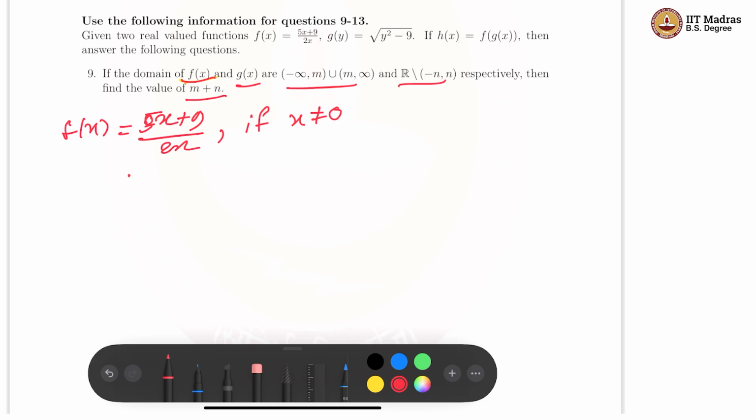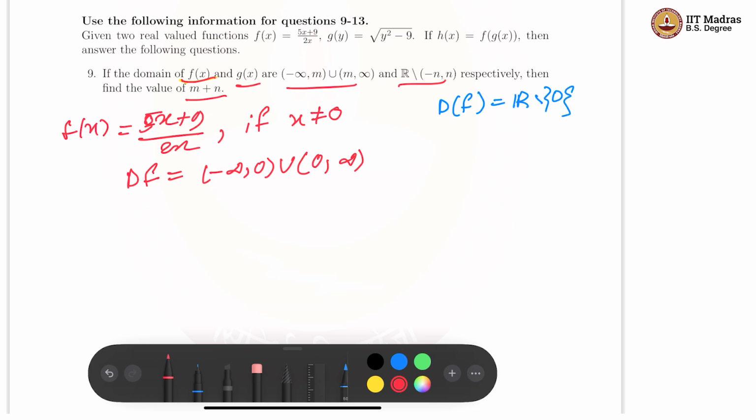Hence the domain of f is from minus infinity to 0 union 0 to infinity. That means we are just excluding the point 0 from the real line. Okay, so let us summarize all of this. So the domain of f is the real numbers minus the point 0.